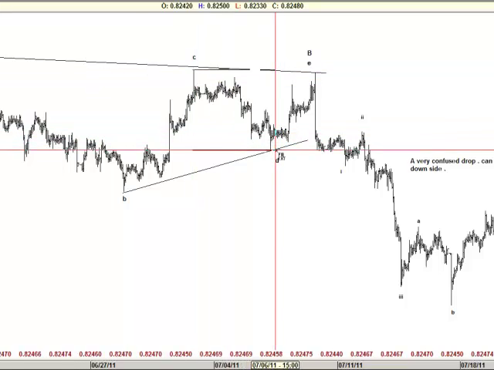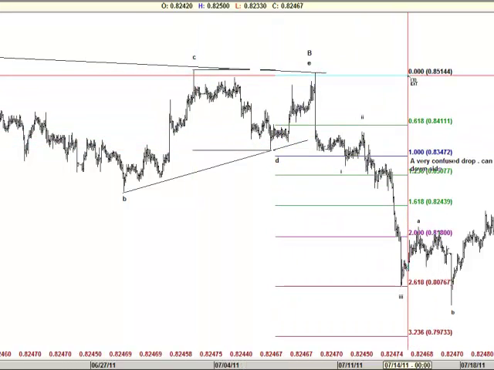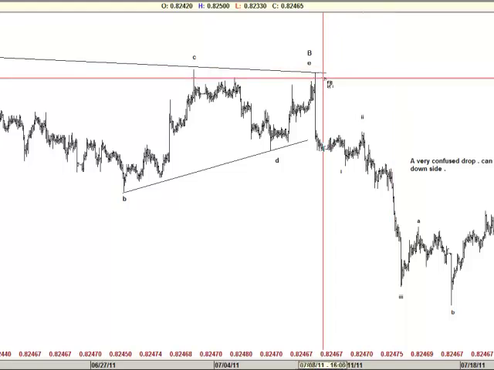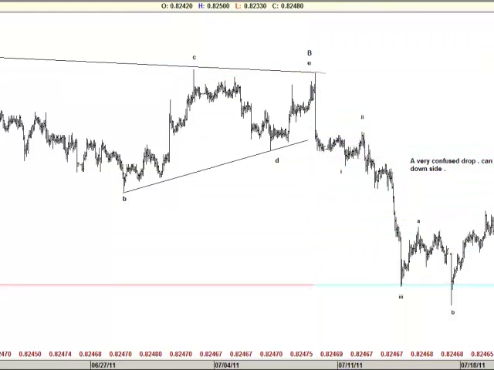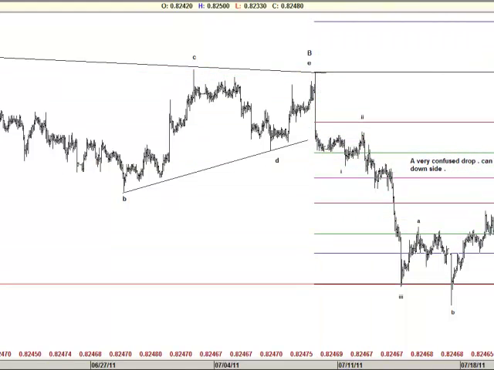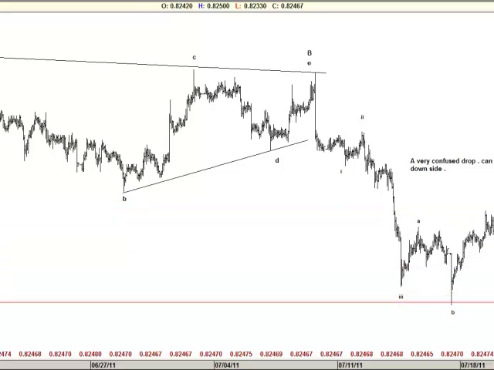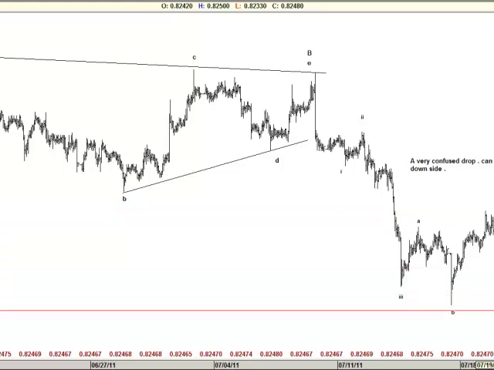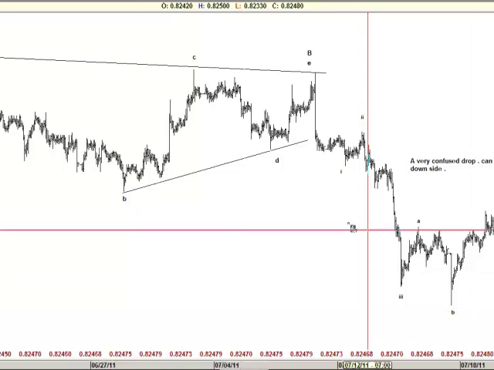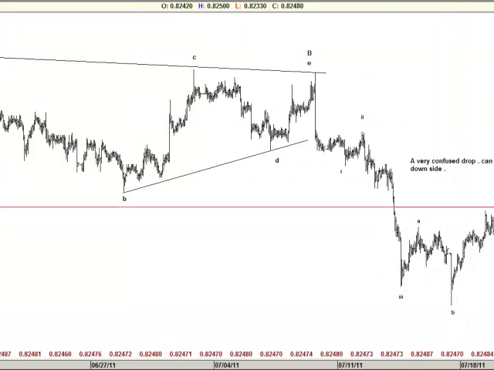If it's a triangle, and if it's not a triangle, still we are testing the 3802, and we're expecting this to happen tonight. But if it wasn't the triangle, don't get surprised to see this pair going higher.